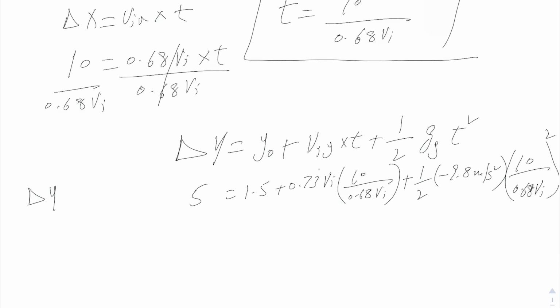So we can clearly see that we can cancel vi with vi. Now we will solve this equation mathematically.